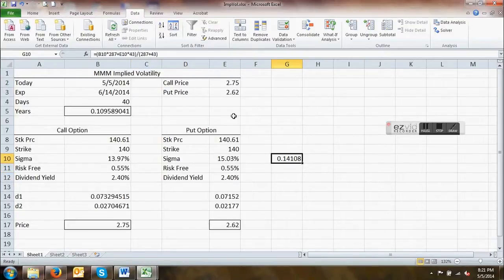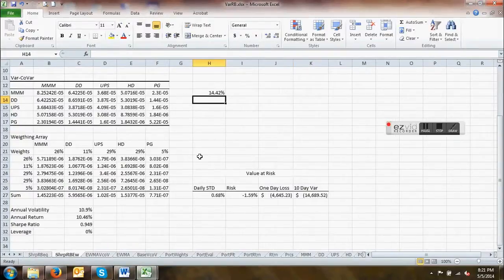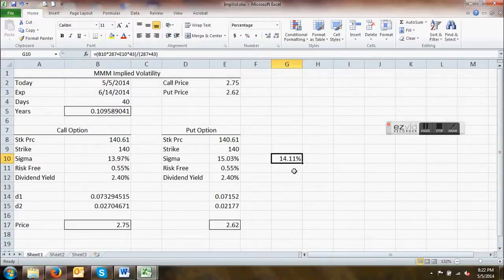So we went through this long process to get an estimate of the spot or the point volatility, putting that in percentage terms, for the EWMA process, and we came out with 14.42. And if we used options to do it, we would have ended up at 14.11.